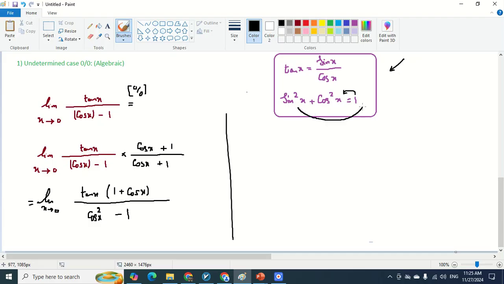Just shift sine to the right side and 1 to the left side, then you will find that cosine square minus 1 is the same as minus sine square. So the limit changes to this case, where we have the limit of x tending to 0, and at the denominator, by this calculation, we reach minus sine square of x.